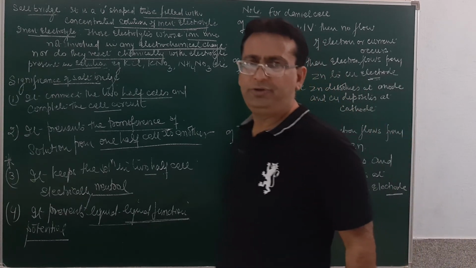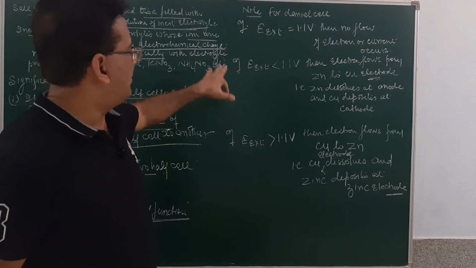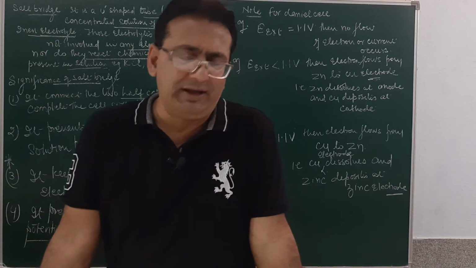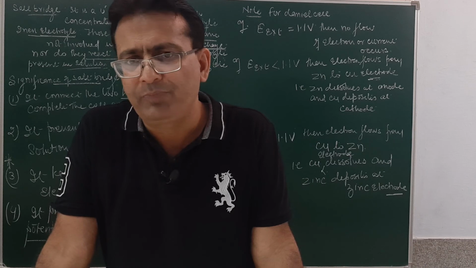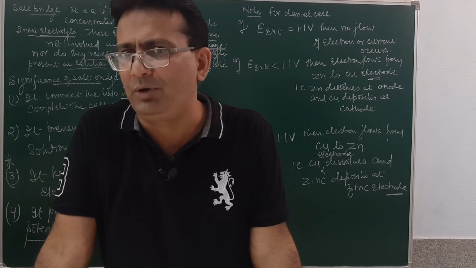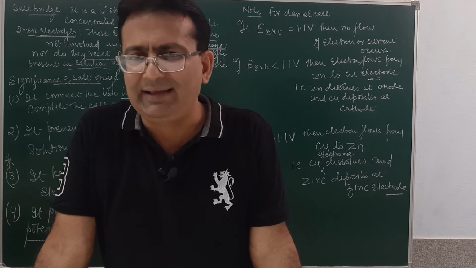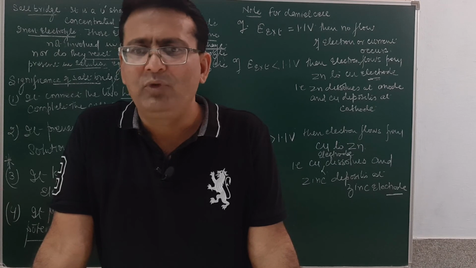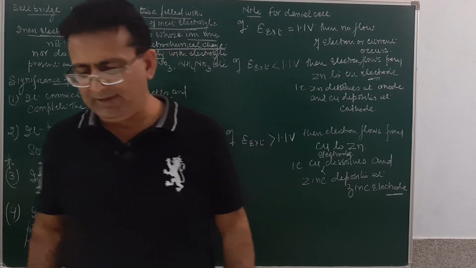Is it clear, students? So, you must remember these points. I hope it must have been very clear to you. So, we have done in these two lectures, part A and part B, something about the galvanic cell, the salt bridge, and the representation of a galvanic cell.